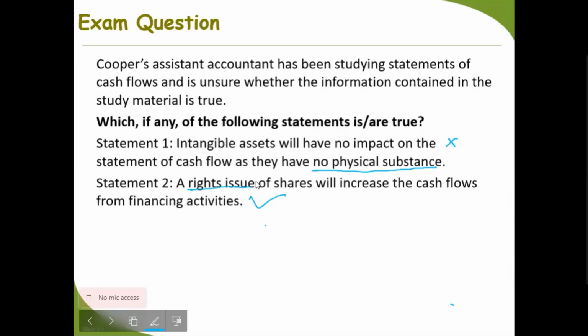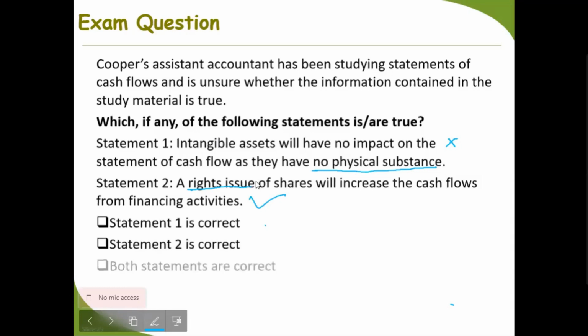There is an element of bonus in rights issues, but you are receiving some cash, because rights shares are issued at a price lower than the market price of shares but higher than the nominal price. So a cash element is there, and through that there is an inflow of cash from financing activities. So statement 2 is true. So our answer is B, that statement 2 is correct.